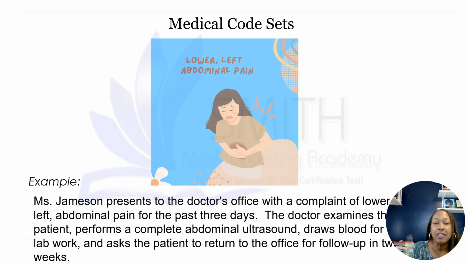And to evaluate that, the physician's going to perform an examination and perform an ultrasound, a complete abdominal ultrasound, and he's also going to do blood work because he's not sure of what is causing her abdominal pain. He's going to ask her to follow up in 2 weeks.